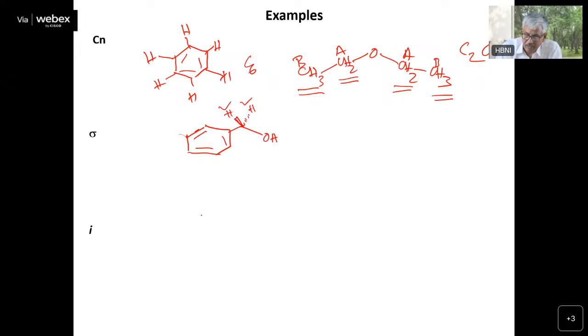Then you can see another slightly different type of molecule I'll draw. Let us say diketopiperazine. You see, there is a center of symmetry here.